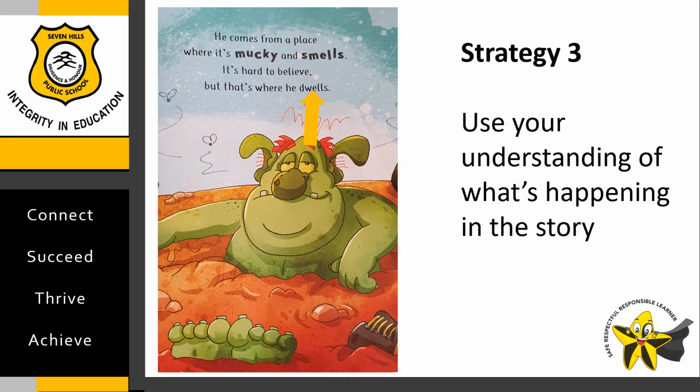So if I look at this particular part of the text, the author is talking about where he comes from. So where he lives, I would say, it's talking about where it describes the place. It's saying that it's mucky and it smells. And then it says it's hard to believe, but that's where he dwells.